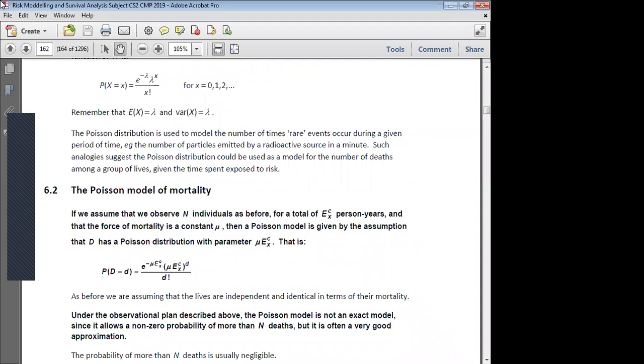Anyone? So what is the expected rate at which you expect your deaths to arrive?